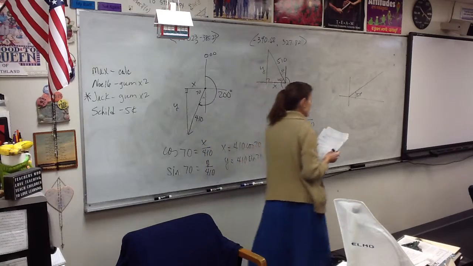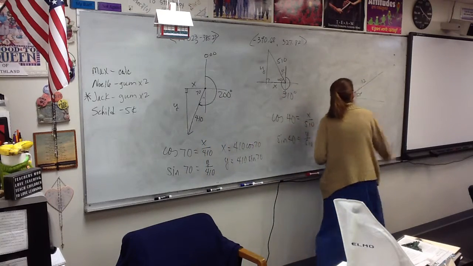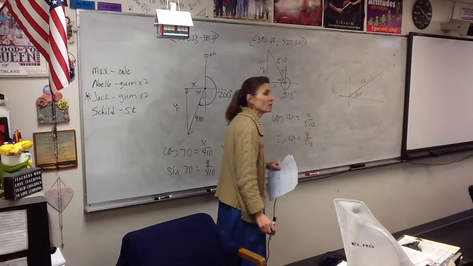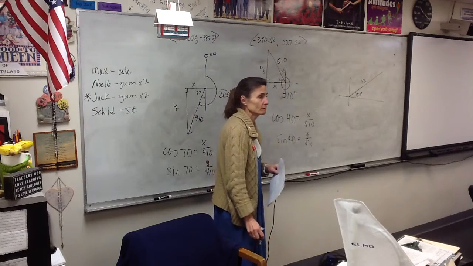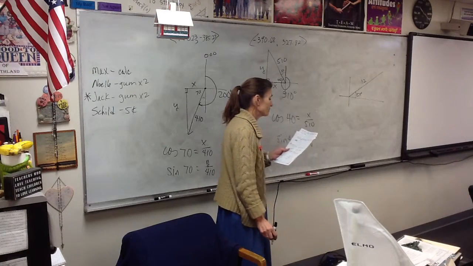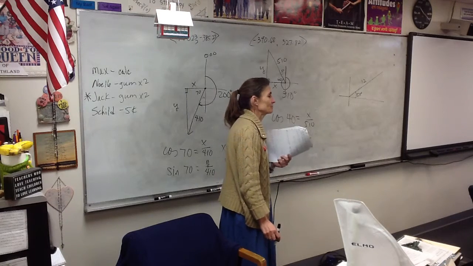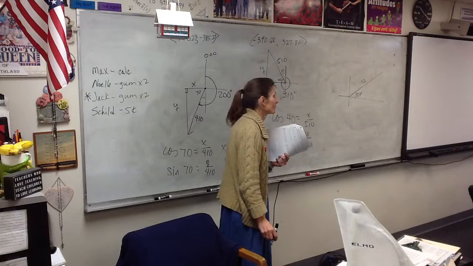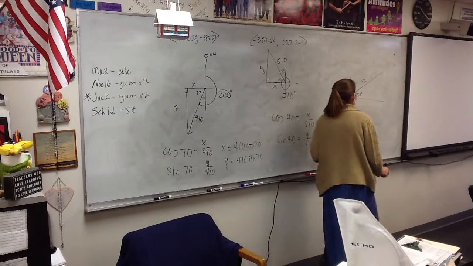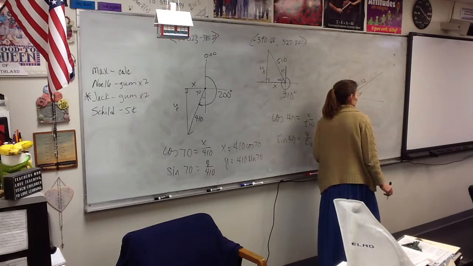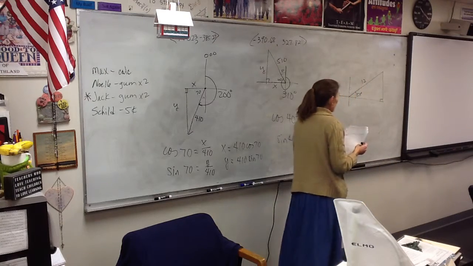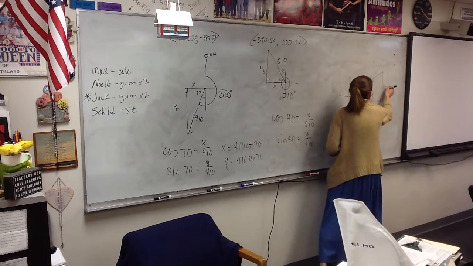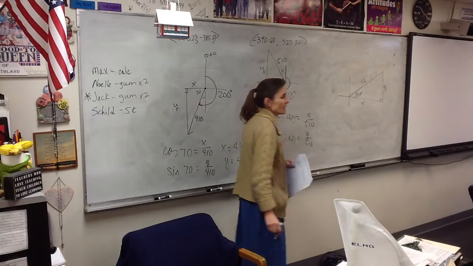The speed is 12 meters. Remember, speed is magnitude. Find the components, that is x and y, of the velocity vector.